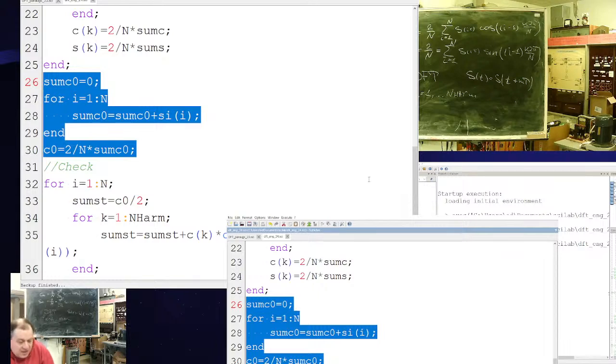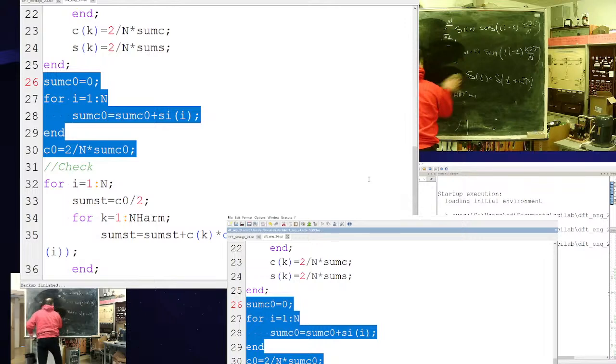What's next? I need to check. How can I check my work? How can I check correctness of the transform?